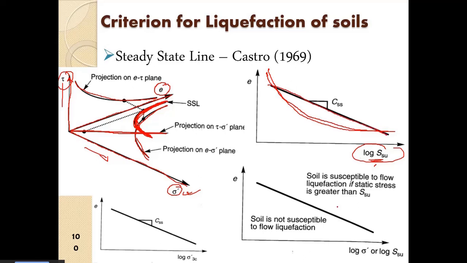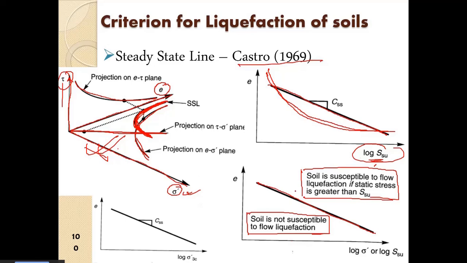From this criterion, Castro 1969 proposed that if the state of the soil is above this line, then the soil is susceptible to flow liquefaction. And if it is below, it is not susceptible to flow liquefaction. This line falls slightly below the critical void ratio line.